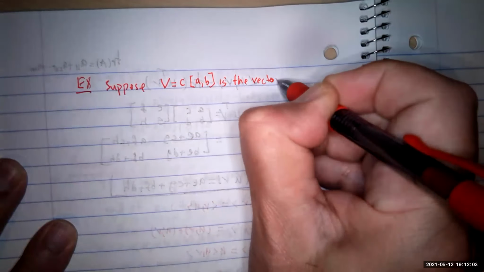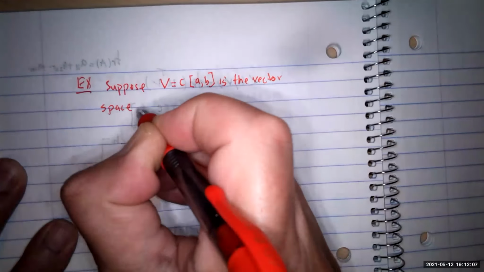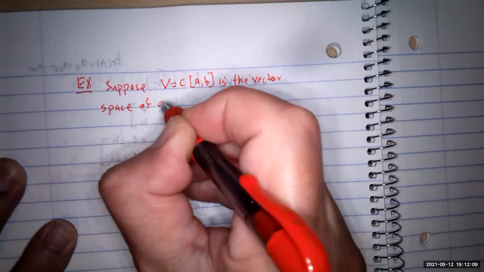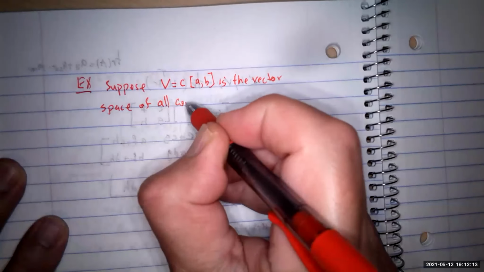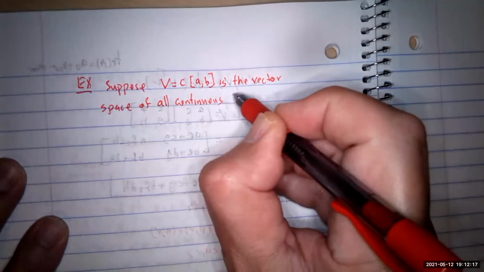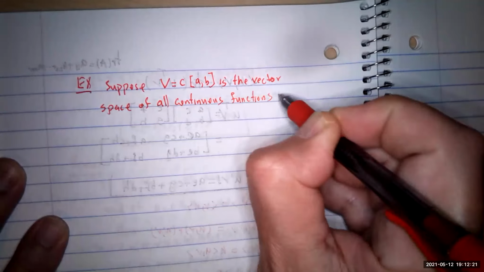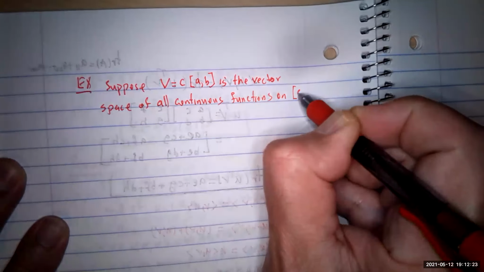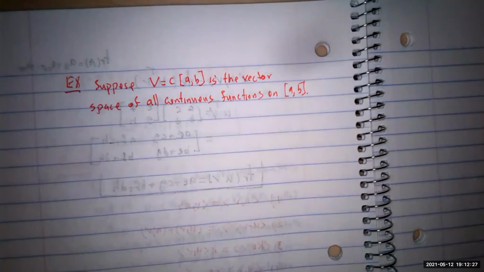If this is going to be the vector space of all continuous real functions on a closed interval a, b, it's a famous vector space.